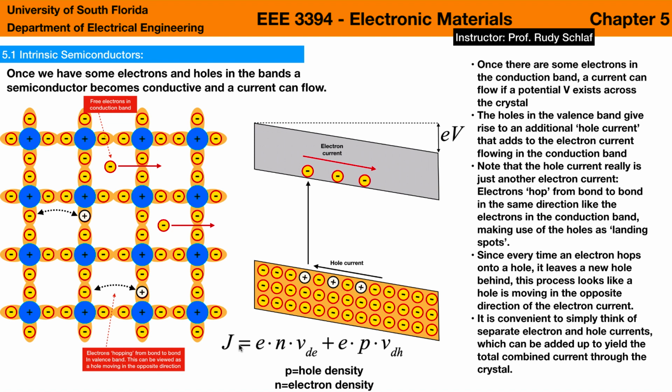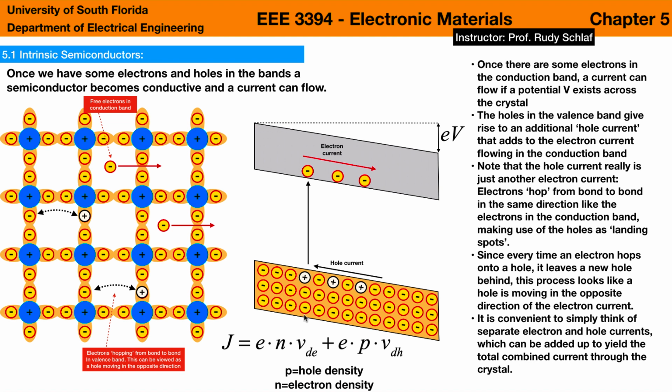So we can think of it as a current density that has two components. One is the electron current and the other is the hole current, with P being the hole density and N being the electron density. In an intrinsic semiconductor, of course, if every electron leaves a hole behind in the valence band, it means that N and P are the same.